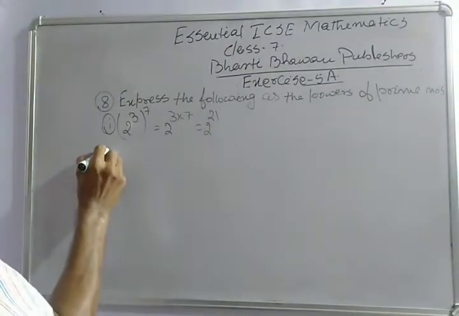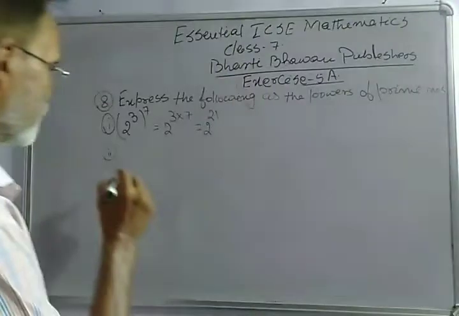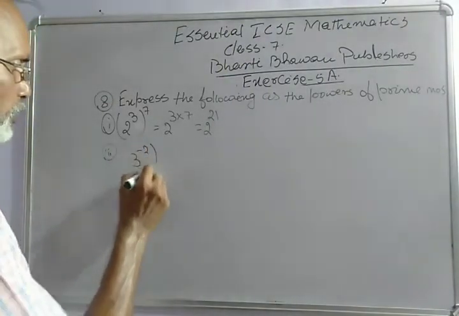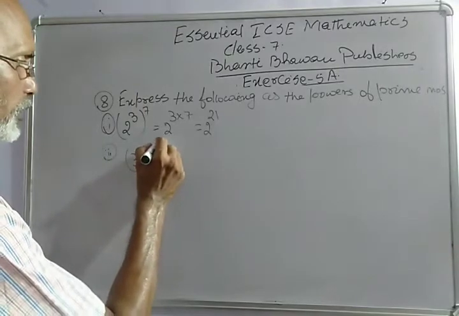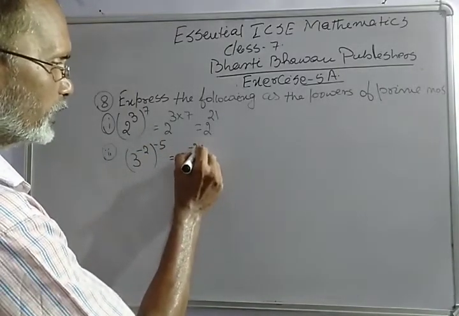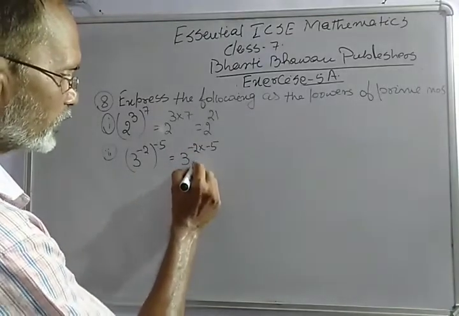Number 2: 3 to the power minus 2, whole to the power minus 5. So this is equal to 3 to the power minus 2 into minus 5. So this is equal to 3 to the power 10.